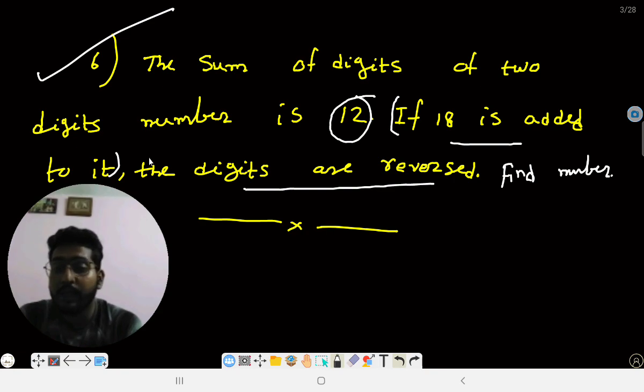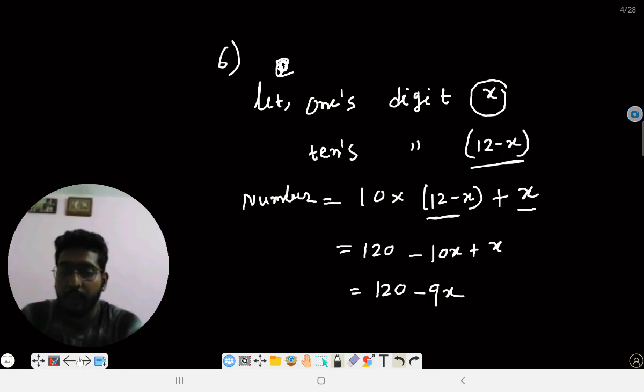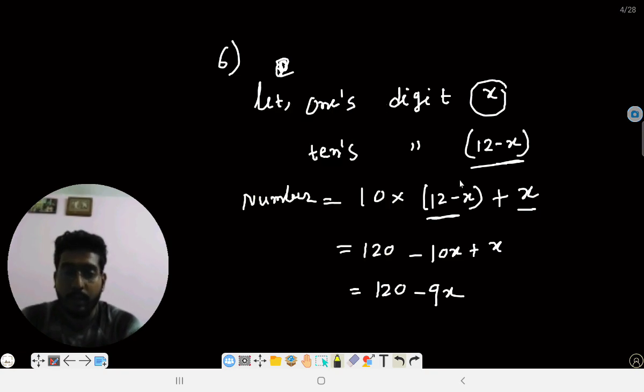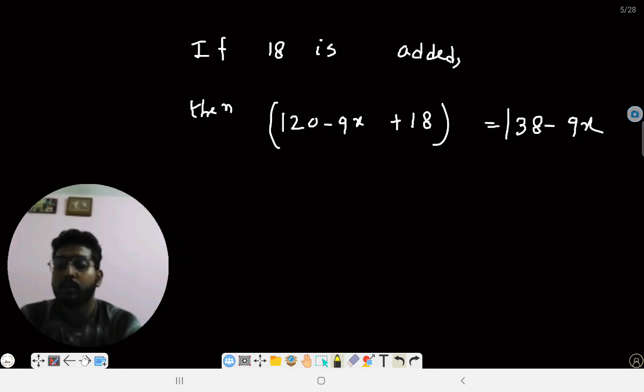So if I add 18, the digits will be reversed, meaning ones will go to tens and tens will go to ones. After adding 18, what will the new number be? The new number will be 10 into the reverse.